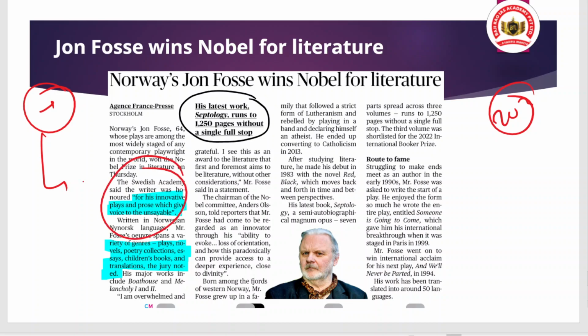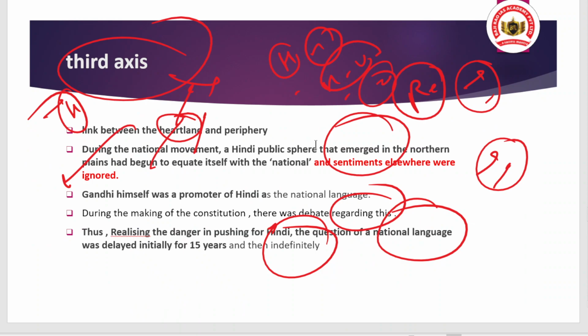That is why he was chosen for this prize. His work spans plays, novels, poetry collections, essays, children's books, and translations. His major works include Bothouse and Melancholy 1 and 2. So these are the discussions of the articles. Hope you understood, and for now it is enough.